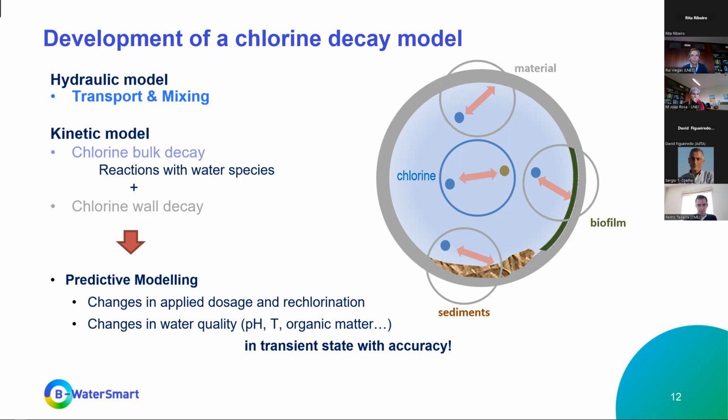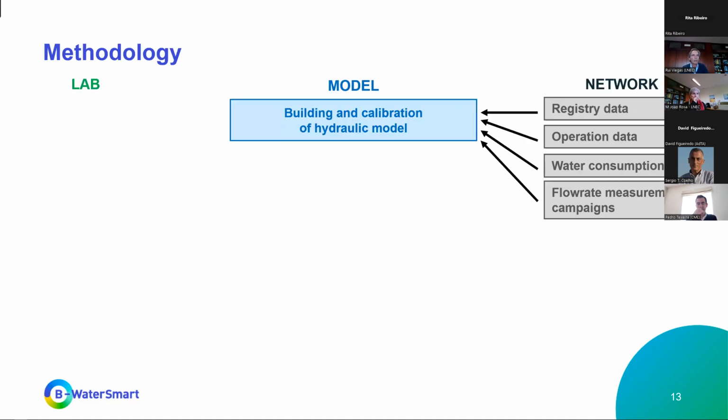So regarding the methodology to develop this kind of models, we should carry out work in the lab and at full scale in the network. We start with building and calibrating a hydraulic model based on data, registry data, including data of the elements of the network, like the diameters, the length of the links, for example.